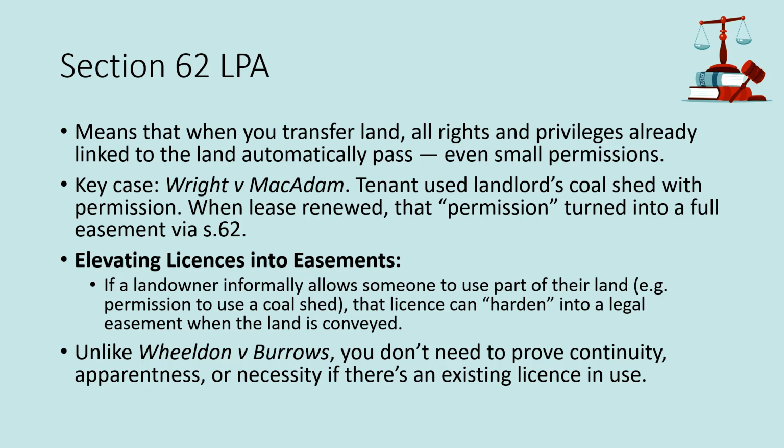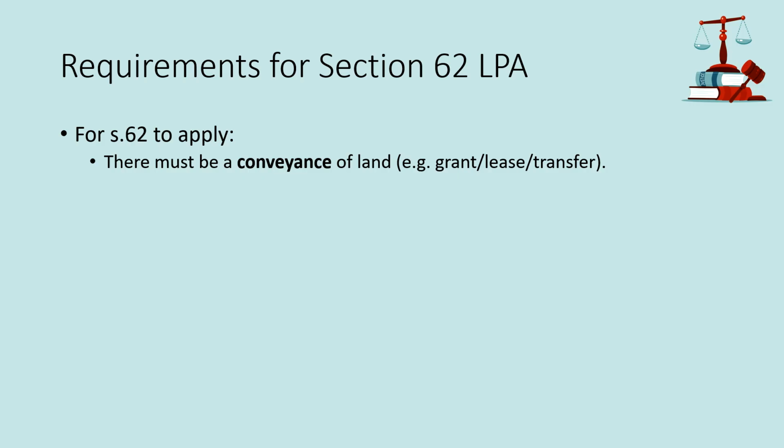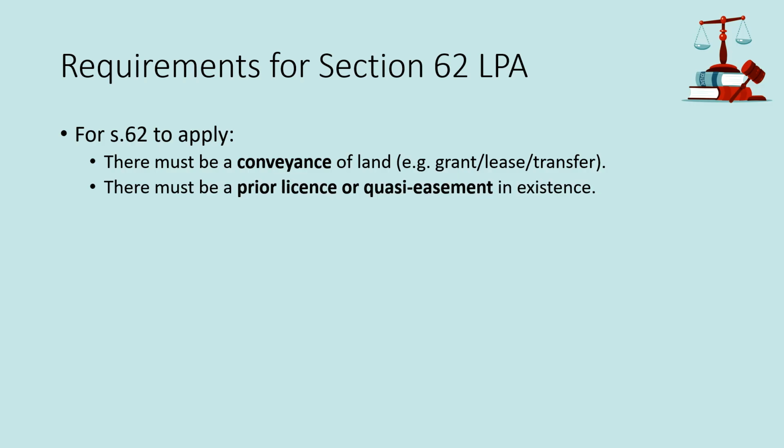It will be something that happens automatically through this statute. Now, there are still some requirements for Section 62 LPA to apply, but these are a lot easier to achieve. One is obviously, as I said before, there must be a conveyance of land, so a grant, a lease, or a transfer, for example.